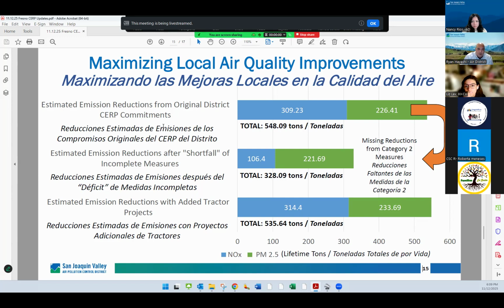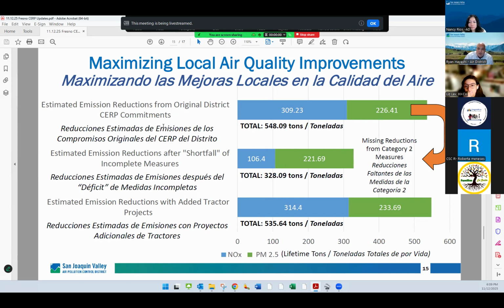I just showed you that replacing all those tractors gets you about 600. Those other mobile sources that we're not going to get are probably at least 1,000. We were all really counting on getting those emission reductions because of all the health benefits that they were going to have.